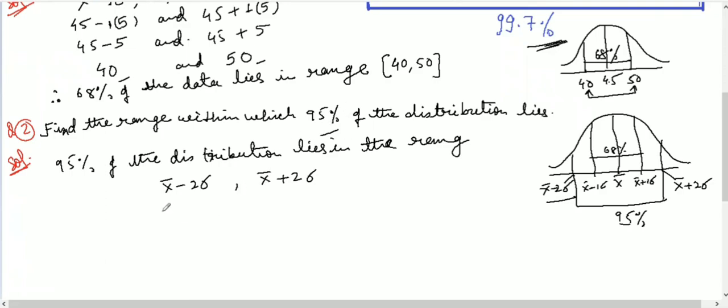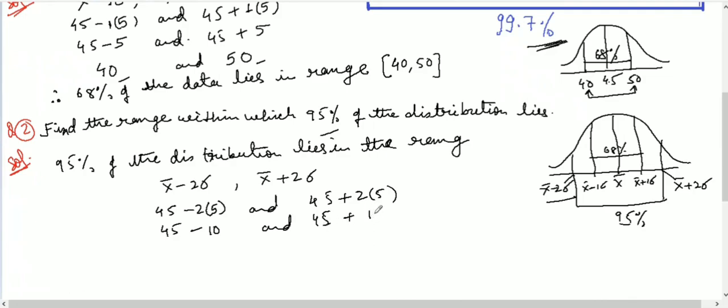So 45 minus 2 times the standard deviation, which is 5, and 45 plus 2 times 5. So 45 minus 2 times 5 is 10, and 45 plus 2 times 5 is 10. So 45 minus 10 will be 35, and 45 plus 10 will be 55. So this line represents 35, and according to this question, this line will be 55.